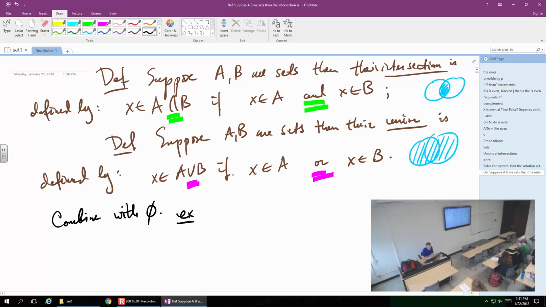What if B is empty? Then what? The intersection is also empty. So how do we handle the empty set? It has no elements. In other words, if you pick an element anywhere, it does not belong to the empty set.